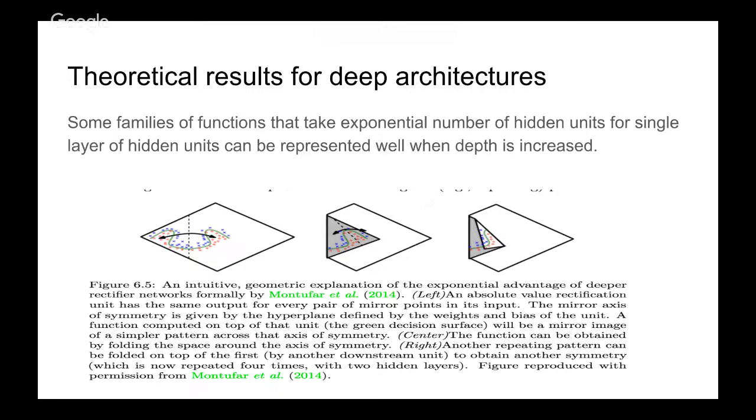How does having more depth help a neural network? Here there is a very nice picture representation of how multiple layers could help. For example, if we are using the absolute value as our hidden unit output function, then if you remember, its shape is such that it just turns negative values to positive.